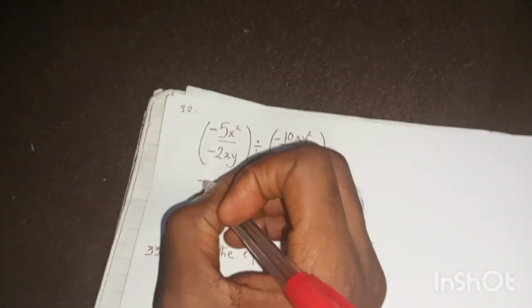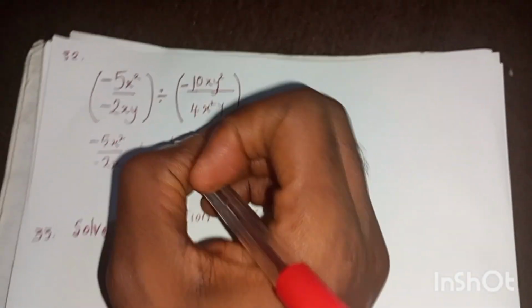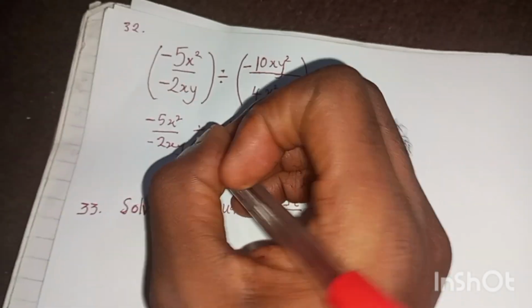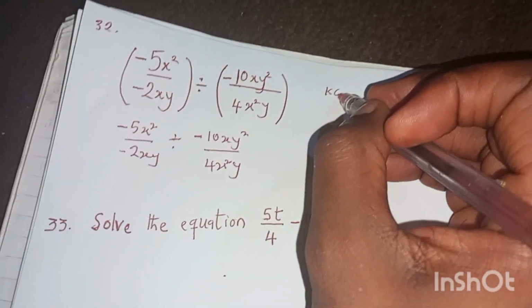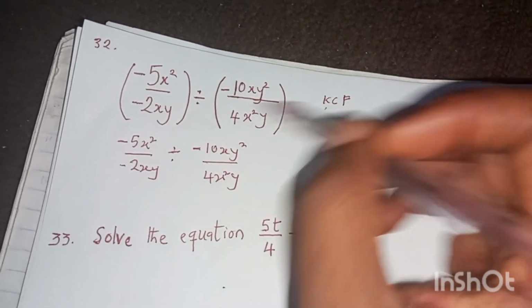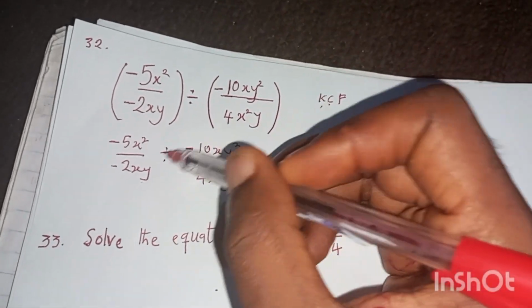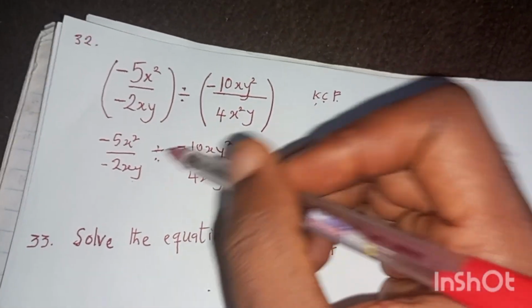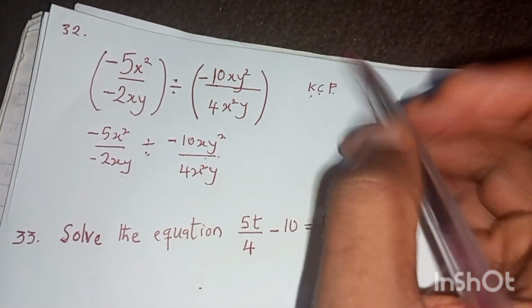So we have negative 5x squared all over negative 2xy divided by negative 10xy squared all over 4x squared y. Okay, remember what we normally do? KCF: we keep, then we change, then we flip. We keep this, we change this, we flip this.